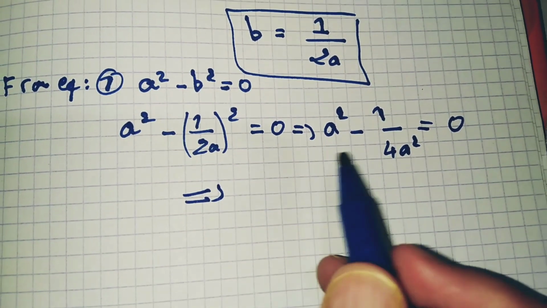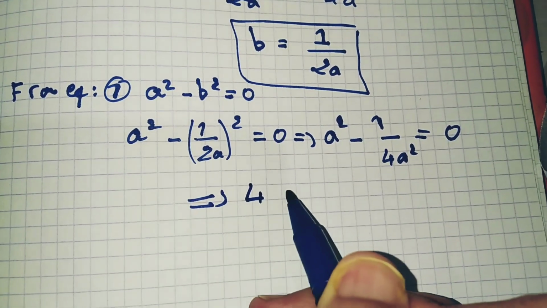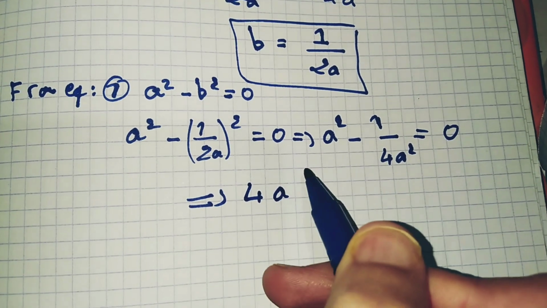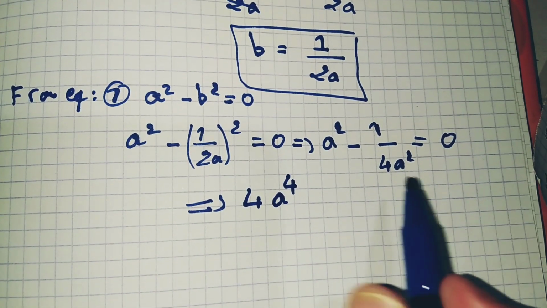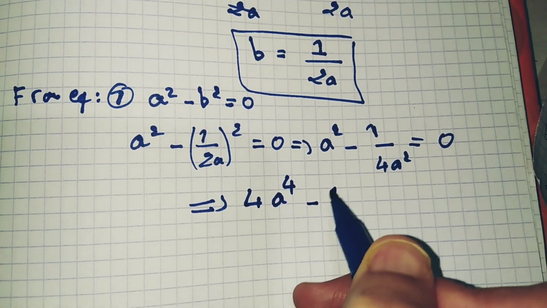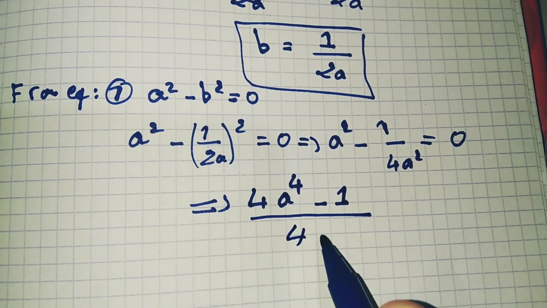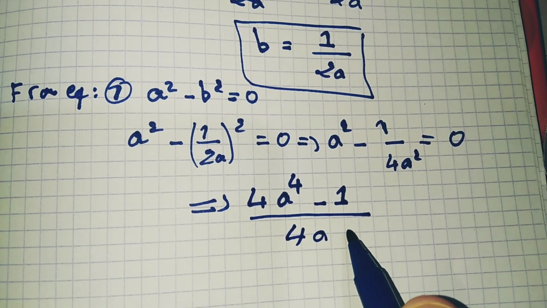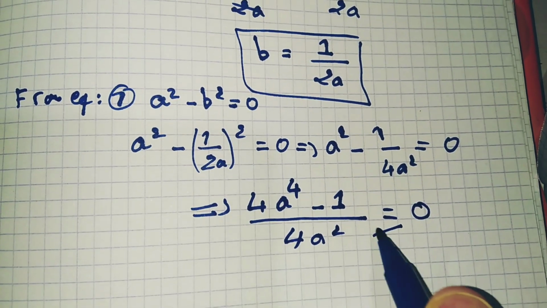Multiplying by 4a squared, we get 4a to the power 4 minus 1 over 4a squared is equal to 0.